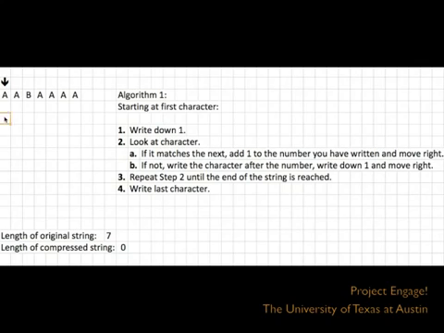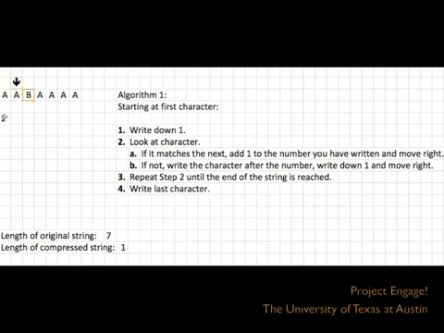Starting at the first character, write down a 1. Look at the character. Okay, so here, if it matches the next, which it does, we're going to add 1 to the number that we have written and move right. And then repeat step 2 until the end of the string is reached. So look at the character.